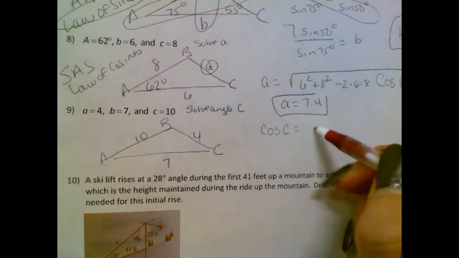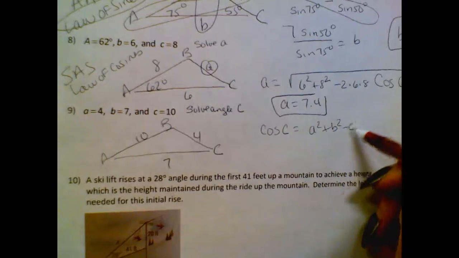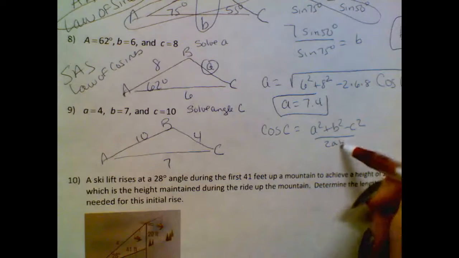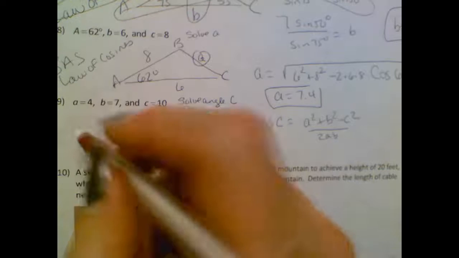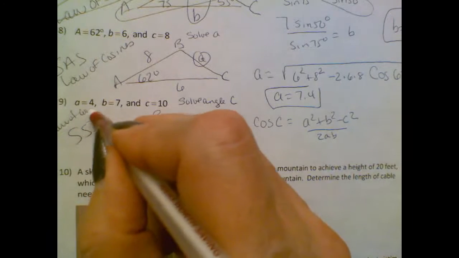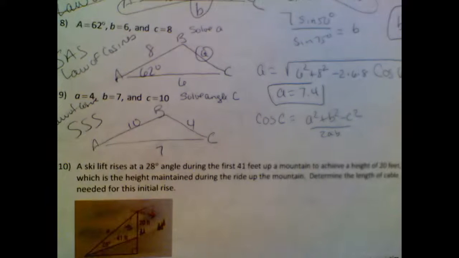Cosine C is equal to a squared plus b squared minus c squared over 2ab. This is one of the formulas from law of cosines. Because we know all 3 sides, we're using law of cosines again. But it's a different law of cosines. It's the one I put on your notes at the bottom right.